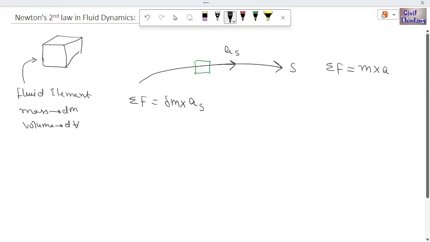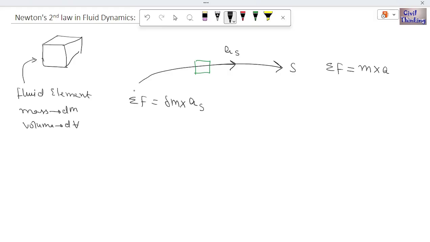Now this summation of forces is the total force acting on a body, and in the case of a fluid element, the forces can be the pressure force, the gravity force, that is the weight, or the viscous forces.